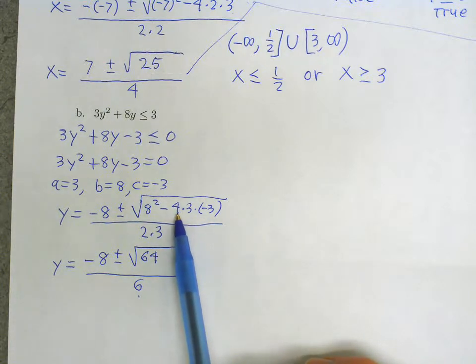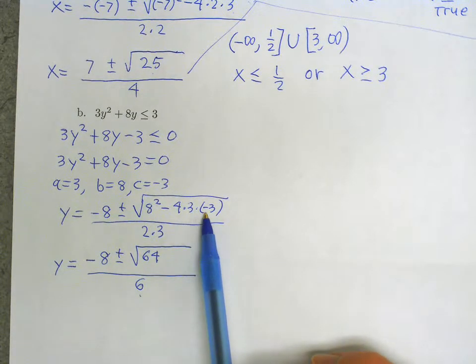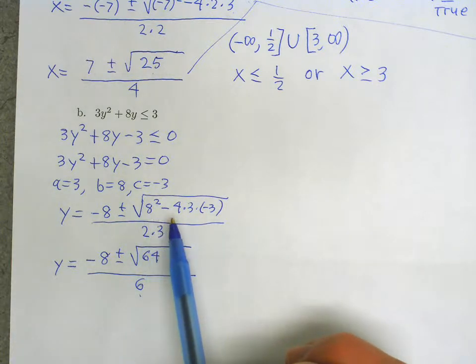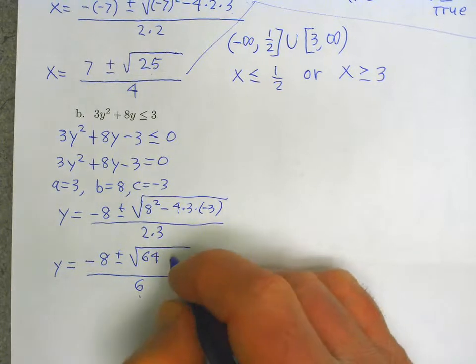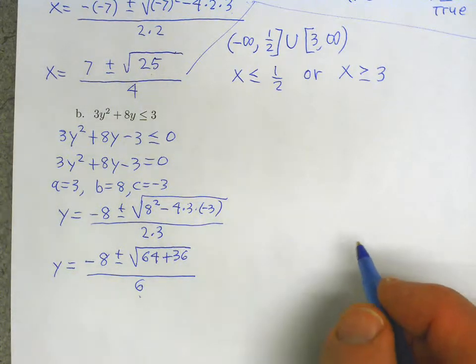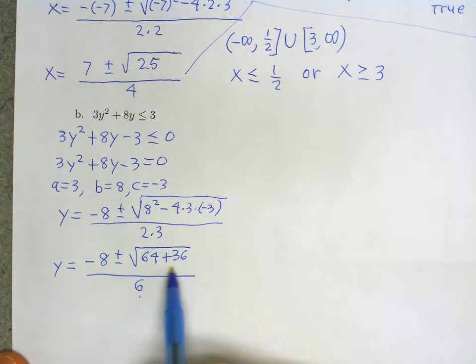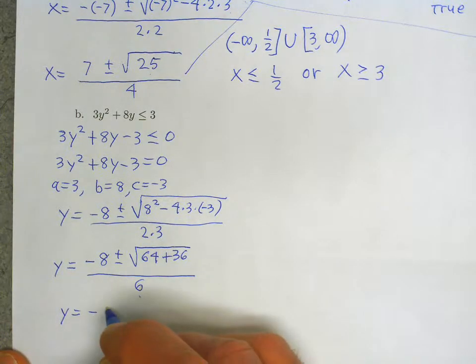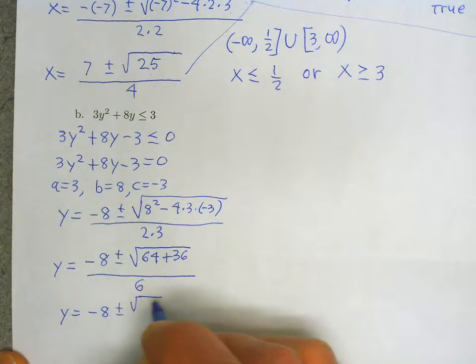So first, 4 times 3 is 12. 12 times -3 is -36. And so 64 minus -36 is the same as 64 plus 36. And 64 plus 36 is 100. So we have the square root of 100.